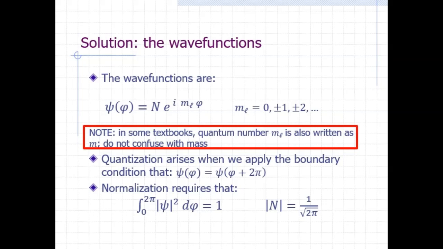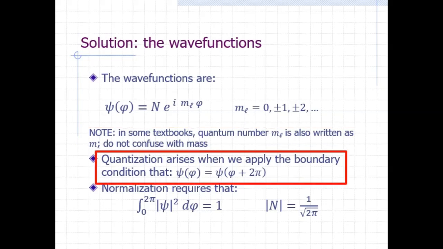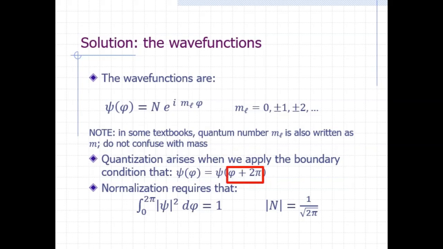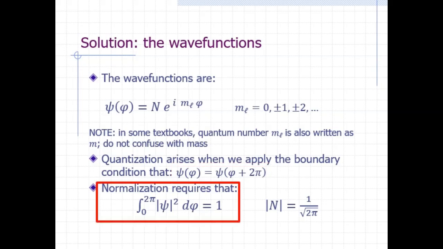Where does the quantum number come from? It arises when we apply the condition that psi must be single-valued. Remember that on the circle, the location given by phi plus 2 pi is exactly the same location given by phi. So the value of psi must be the same at location phi and at location phi plus 2 pi. The normalization condition requires that the total probability of finding the particle on the circle is 1.